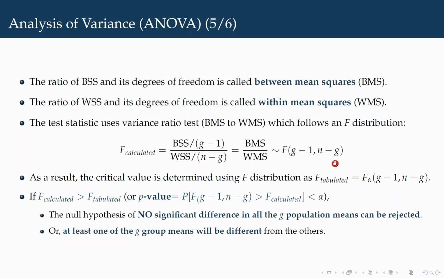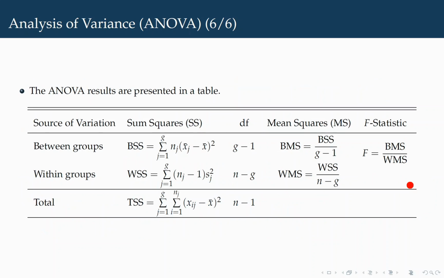So in this case, we do not have a one-sided test, or we do not call the test two-sided or one-sided in general. Every time the tabulated value based on this F distribution is obtained as F alpha. So there is no need of dividing it by 2. Just F alpha with g minus 1 and n minus g degrees of freedom. So we do not classify the test here as one-sided or two-sided.